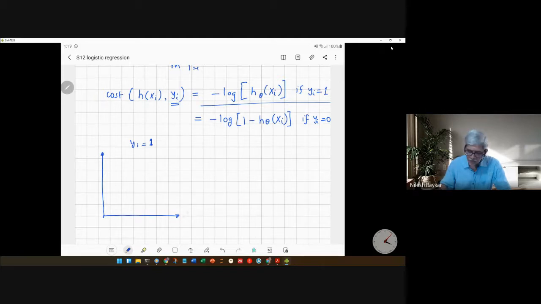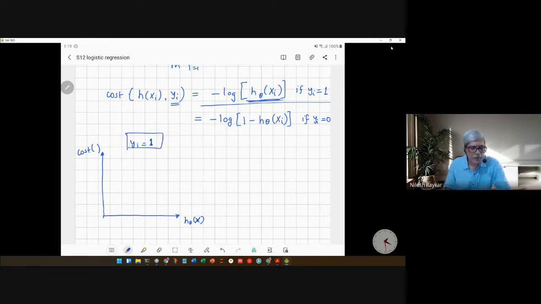So what I'm plotting here is the value of h theta x versus the cost function. Note that here we want to predict y equal to 1.